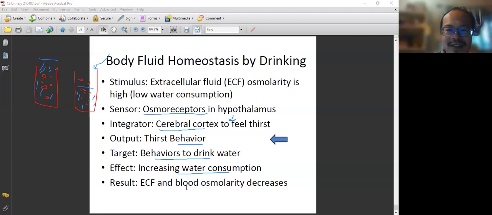The result is that you put more water in and return the osmolarity back to normal. So that's another way; we have multiple pathways to maintain the body's homeostasis. When one doesn't work very well, we have another one. That's everything.